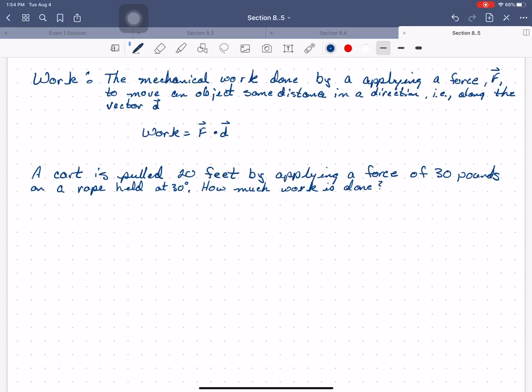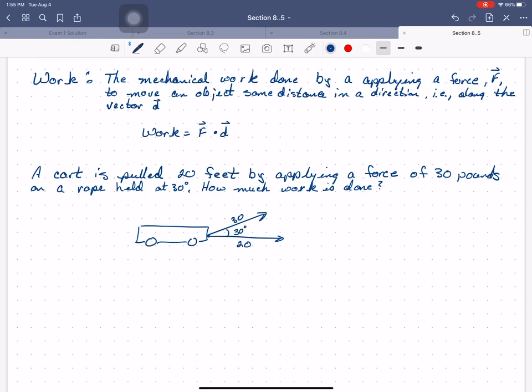is done. So I've got a cart, and I draw really complicated carts. And my cart is being pulled along by a rope, right? And now my cart moves along this vector 20 feet, and I apply a force of 30 pounds to that vector at an angle of 30 degrees.